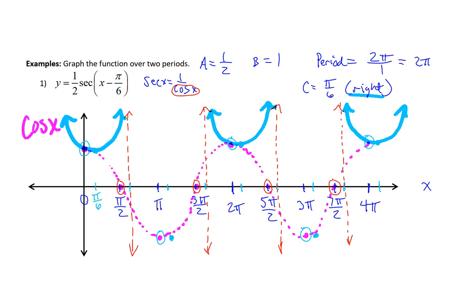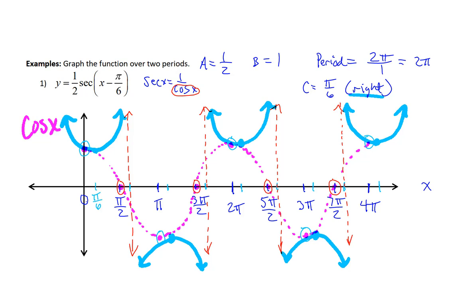Wherever I had a minimum value or a lower blue point from where I shifted the bottom of the parent cosine function, that's now the top or the max of the lower branch for now my secant graph. Those blue points still being there, hopefully visible enough. Okay. And so what we're actually looking at now is, finally, the branches of this secant function.